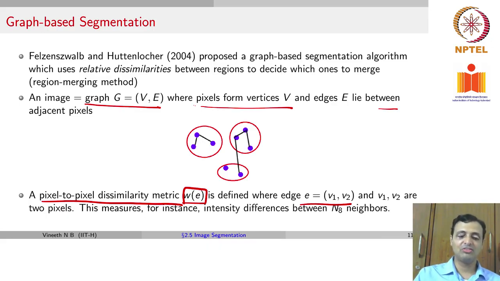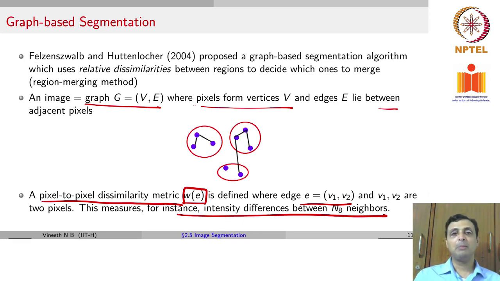For example, this dissimilarity metric could be the intensity differences between the n8 neighbors of both these pixels. When we say n8 neighbors, you take a 3x3 neighborhood, and excluding this central pixel, you will have 8 different neighbors. We are calling that as n8 neighbors. So you take 2 different pixels, take their n8 neighbors and find their intensity differences. That could be one way of computing W of E.